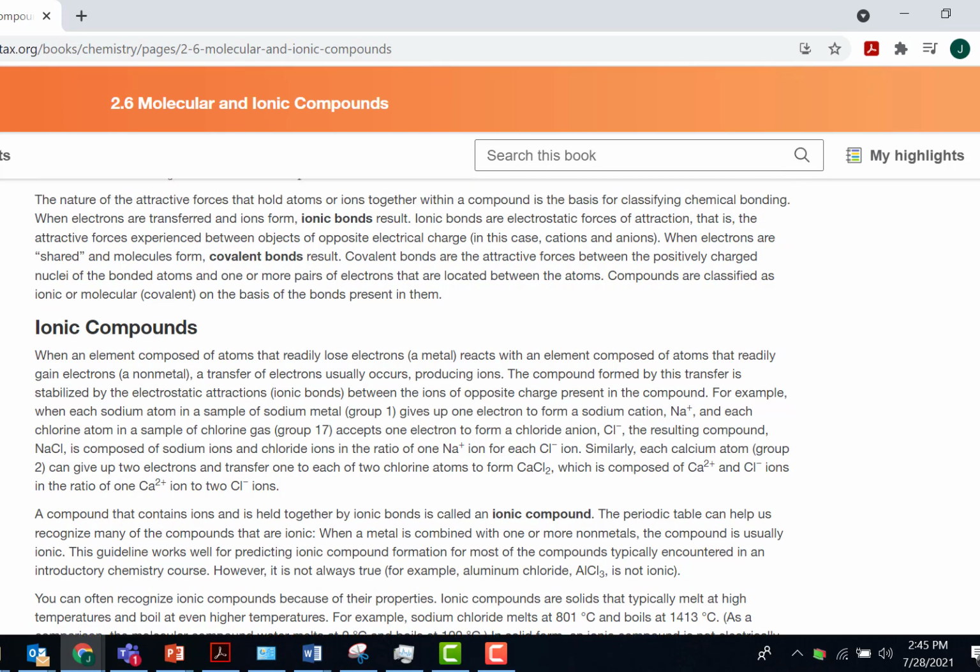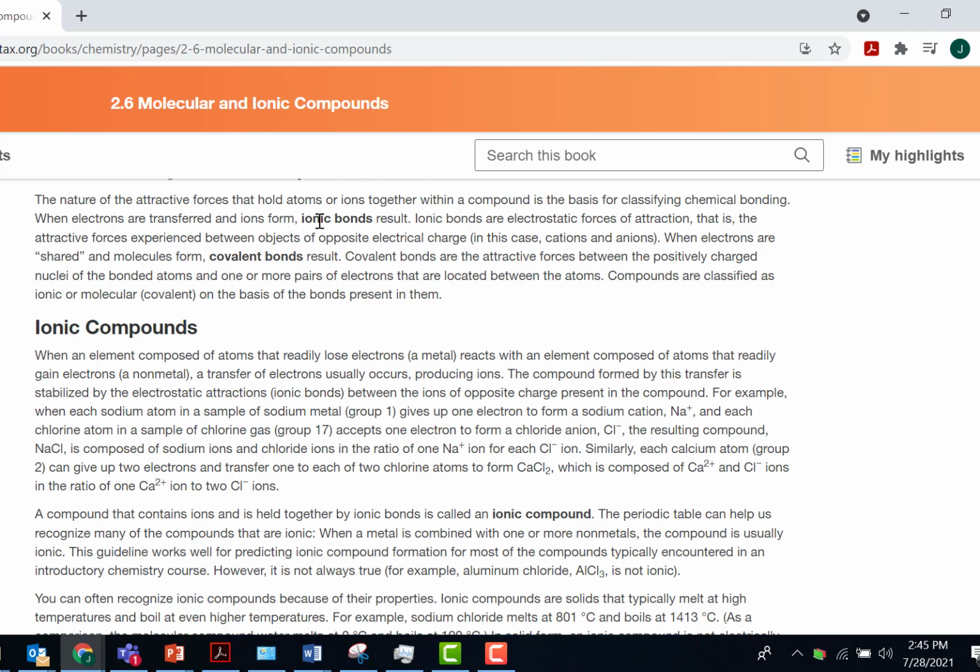So what ends up happening with these elements that can form ions is if you have an ion with a positive charge and you have another ion with a negative charge, those opposite charges will then attract and we form ionic bonds because of that.